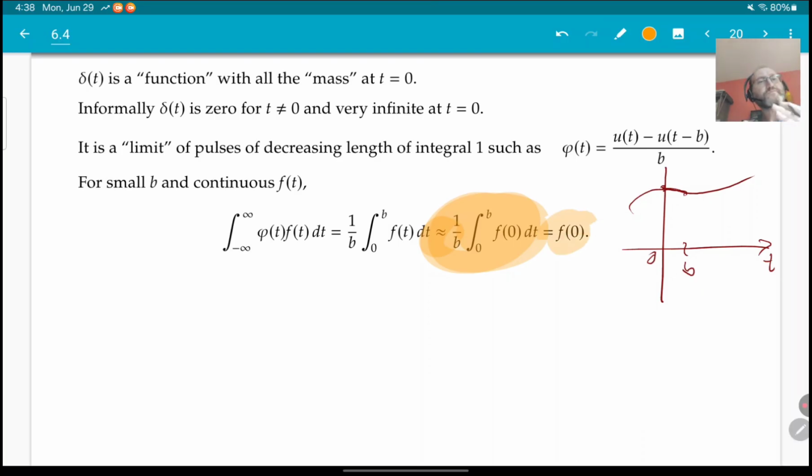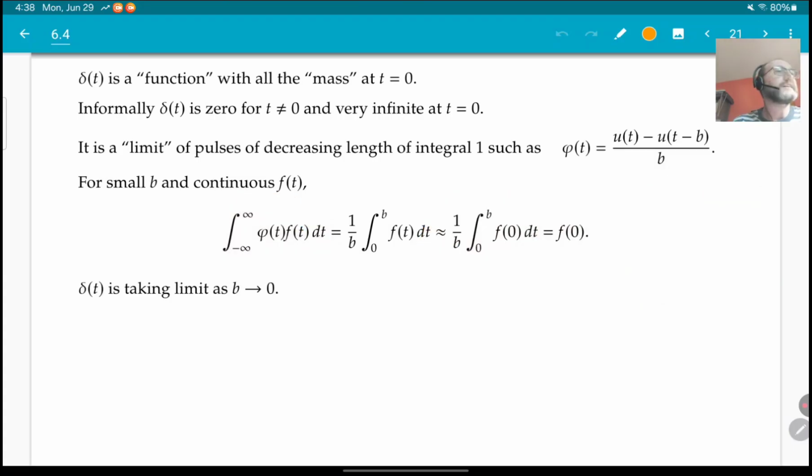So for a very small b, this side is very close to this side. Since we're taking the limit as b goes to 0, we get that, with the phi replaced by delta in the limit, this side will become f of 0.